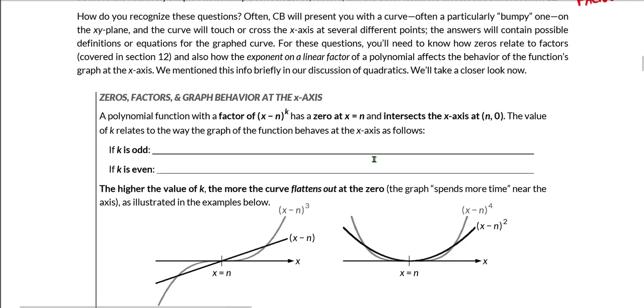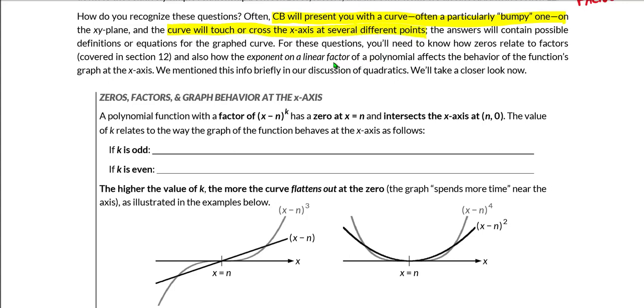What we are talking about here are those cases where we need to determine, usually from a given graph, something about the factors, something about the zeros. Very frequently, when this particular aspect of key features of function graphs is being tested, we will often get a curve, sometimes a really bumpy one, and the curve is going to touch or cross the x-axis at several points.